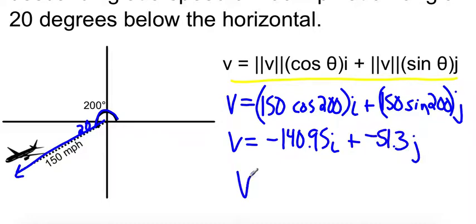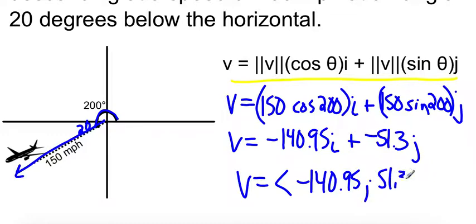And I think this is the form they wanted it in, vector form. So negative 140.95, negative 51.3. Okay, so those are the components of our vector. That's all they were asking for there.